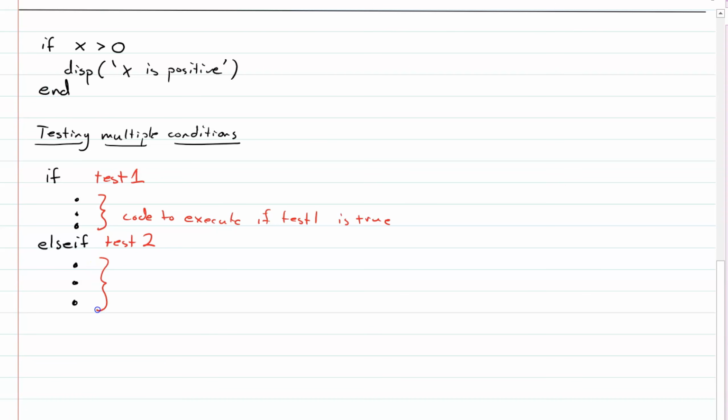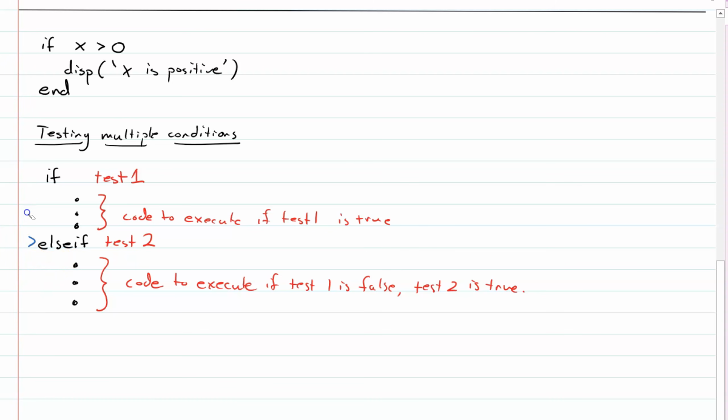And so this will be code to execute if test 1 is false, but test 2 is true. Okay, so if test 1 is true, it will go into this part. If test 1 is false, it'll skip to here, and then it will check test 2, and if that's true, it'll do this part. Okay?